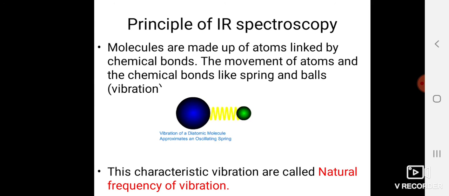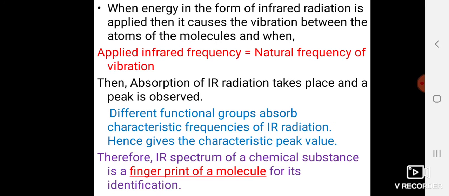That means these molecules have bonds, and these bonds have some kind of vibrations which are shown naturally at the ground state of a molecule. This vibration gets altered whenever extra energy is given to the molecule.